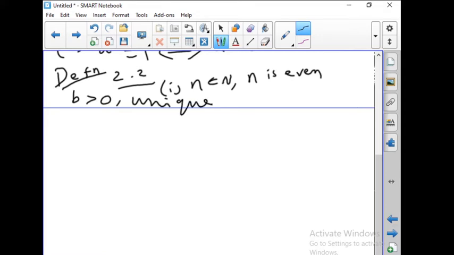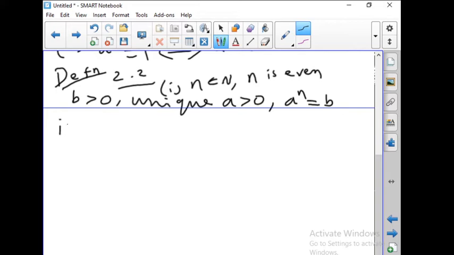What is meant by unique? There is no other number other than that, it is the only one. So there is a unique a greater than 0 such that a power n is equal to b.